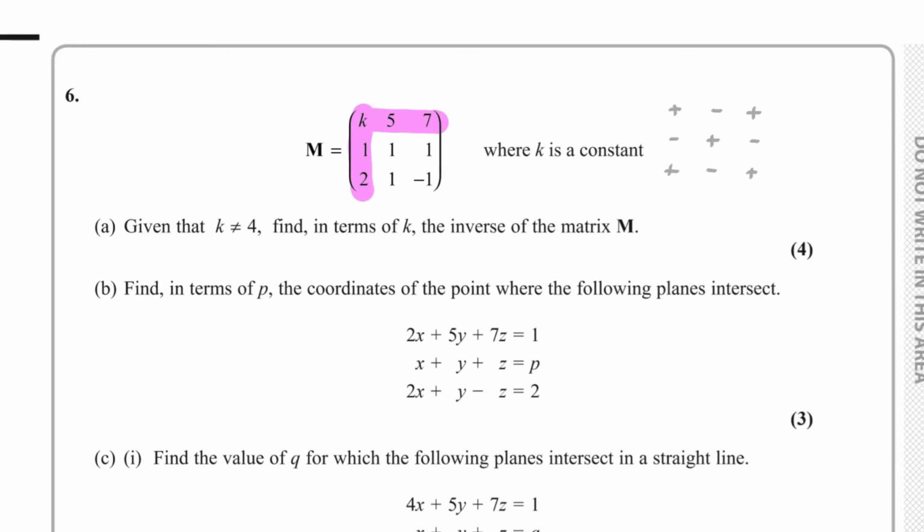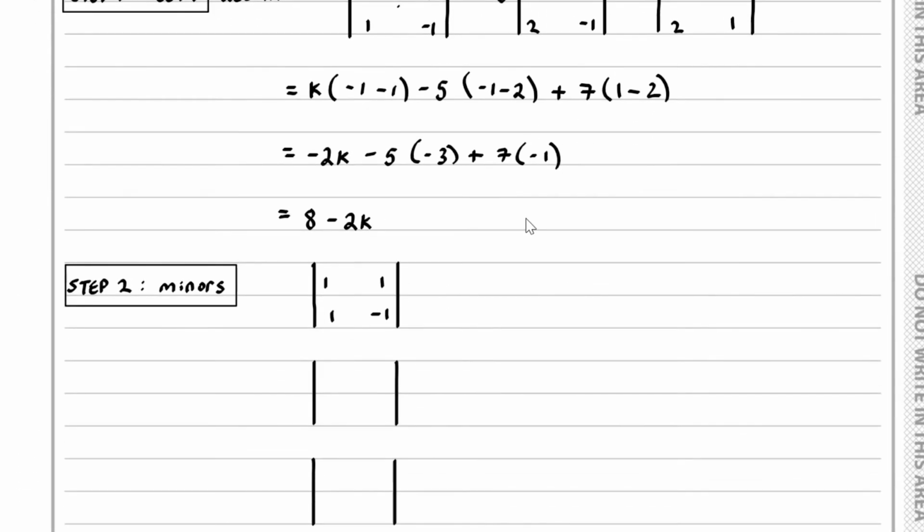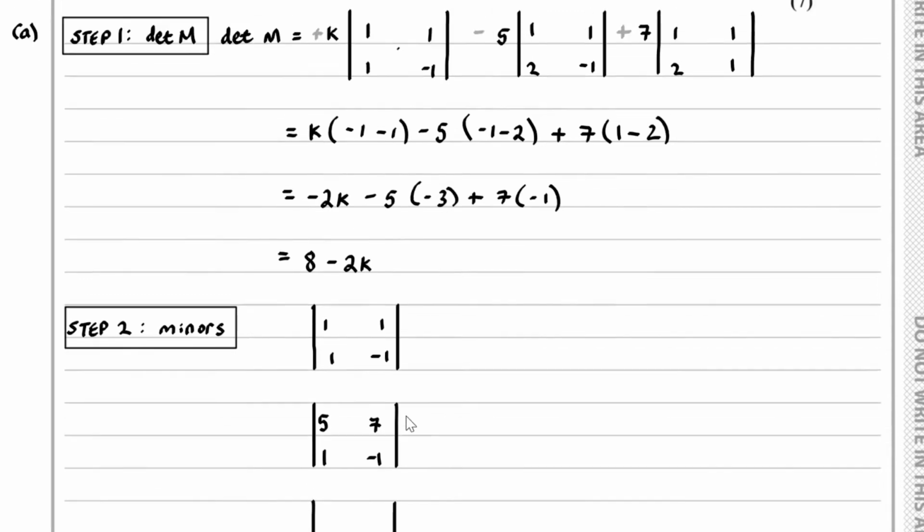And then we take a look at this row and this column, we cover them up, and then we take the determinant of what's left over. So you can see what was left over was the 5, 7, 1, minus 1.